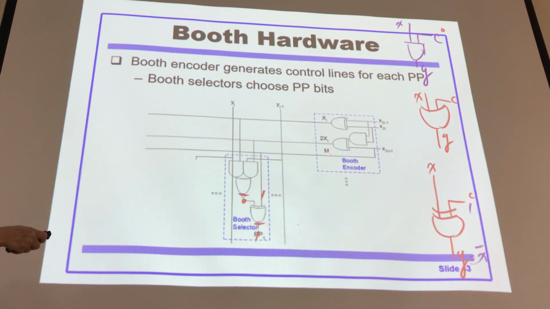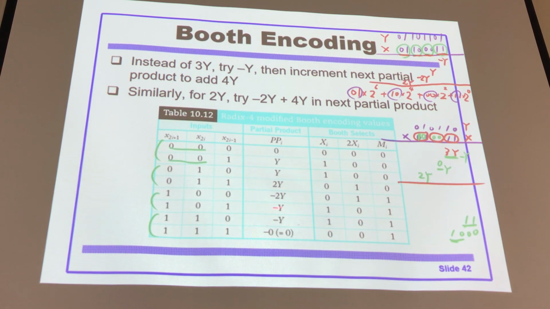But that also depends on the minus signal. If 1, you're doing one's complement, negated, then adding the complement. So that we go to the table we show here. You can get 1y or 2y, and it could be plus or negative. These signals indicate negative.